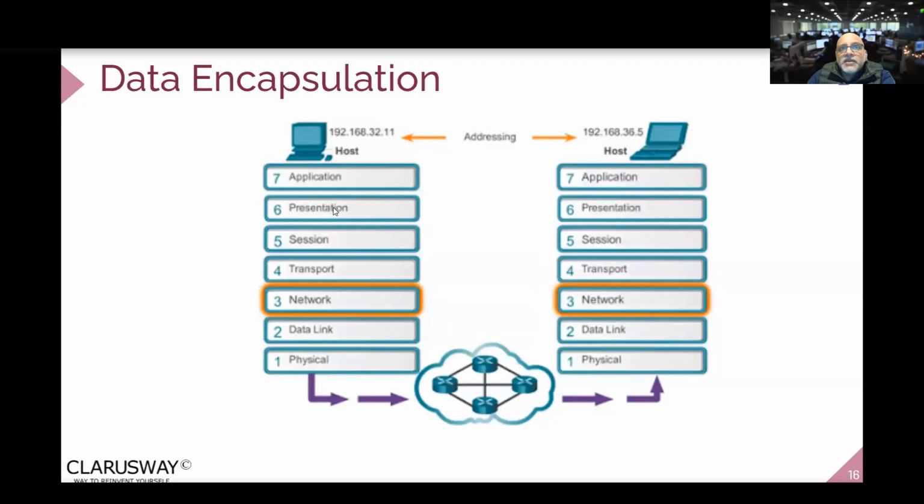Now that PDU is sent to the presentation layer, and the presentation layer is going to do whatever it has to do, and then it's going to add a header, and send it all down, and those steps continue all the way down, so that you can think about it as like an onion.